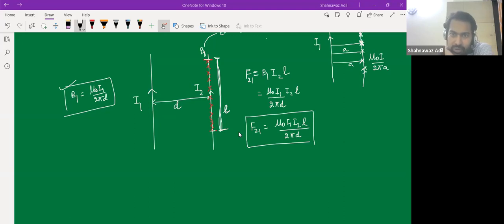Outwards. So you are saying that the force is outwards. Mariam is saying outwards, and Saad is saying right.